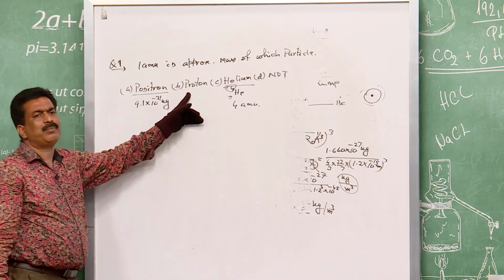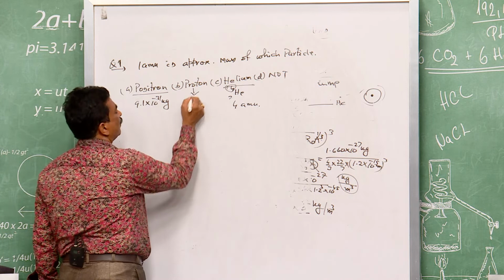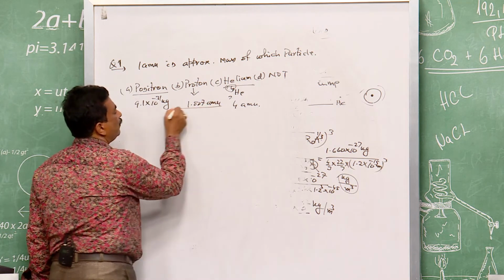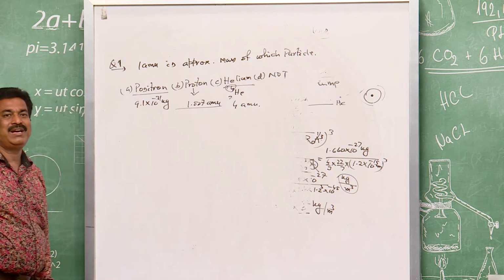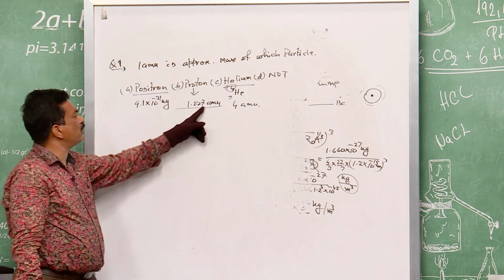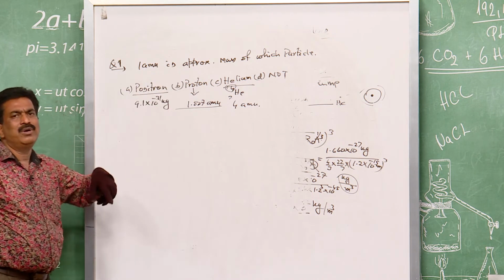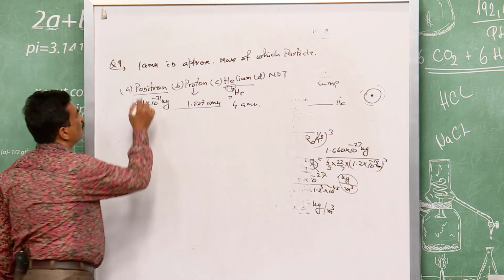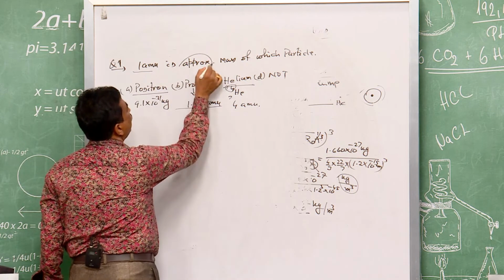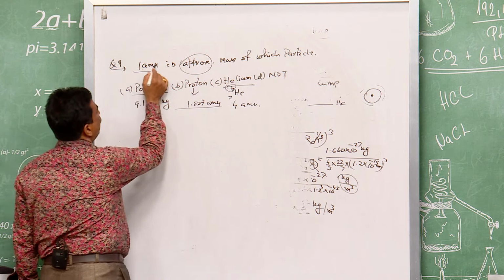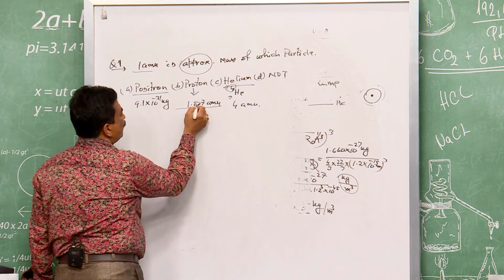Then what remains is the proton. What is the mass of the proton? That is 1.007 u. So there is a dilemma. Sir, the mass of the proton is 1.007 u, but the question says 1 u. But the question says 1 u is approximately the mass. Therefore, this is 1 u and this one is approximately.